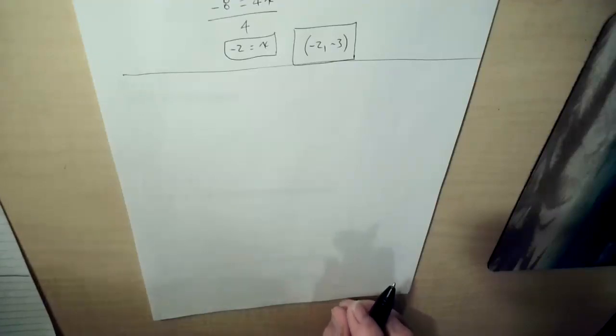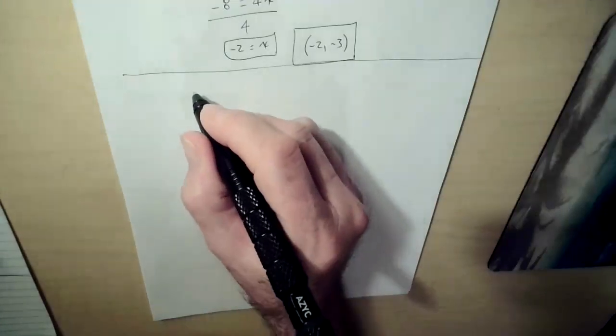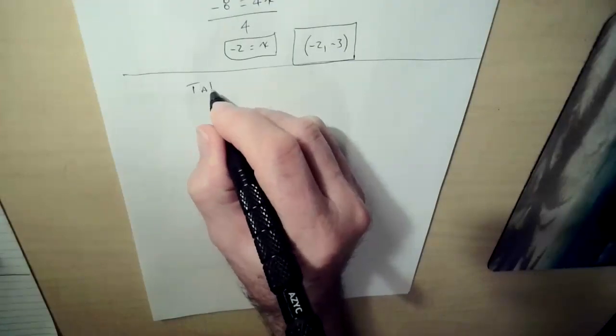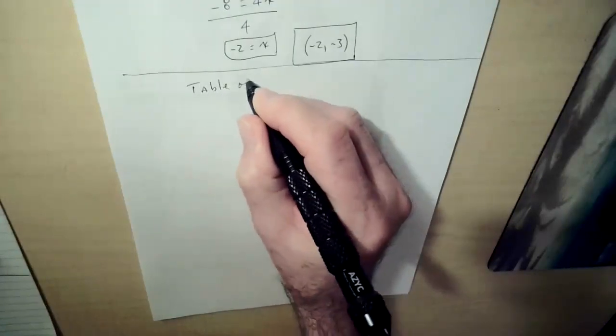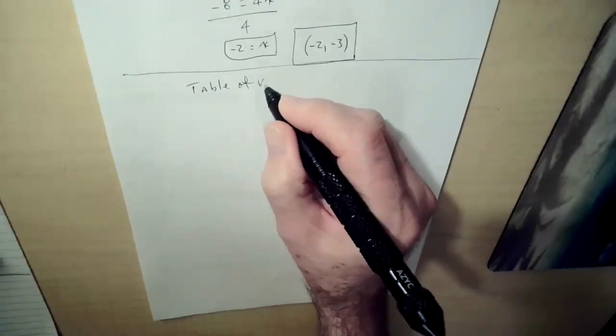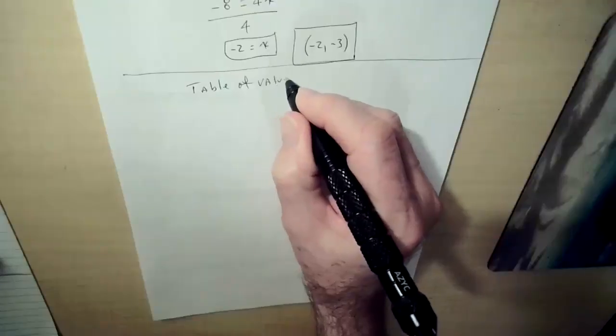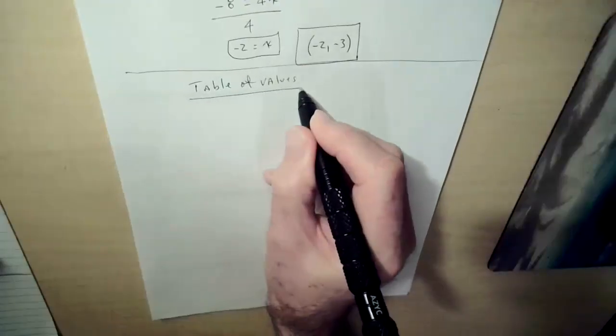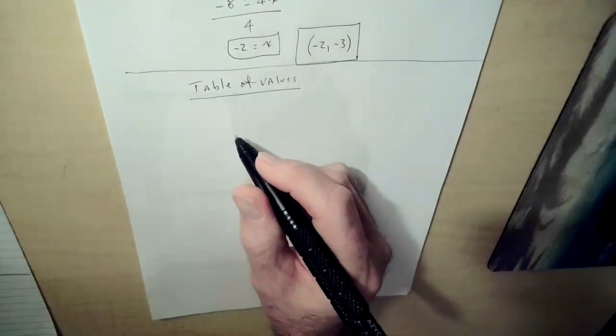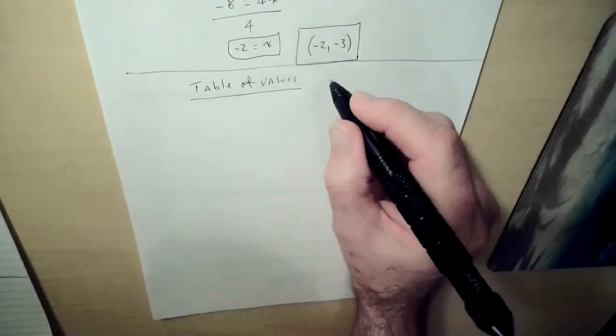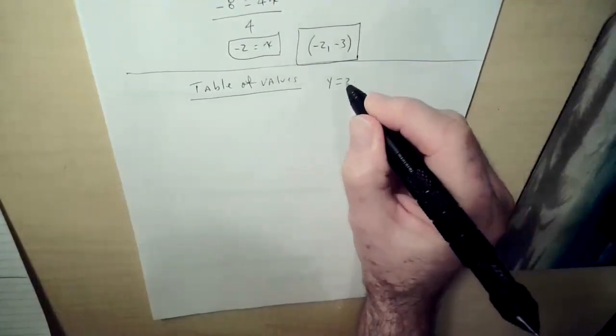Now, if you have linear equations, we're going to do what's called a table of values. T-A-B-L-E. I think we did this last time. V-A-L-U-E-S. Table of values.